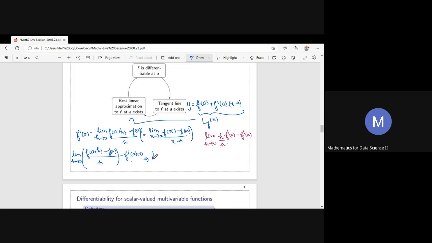So we can rewrite this as limit h going to 0, f of a plus h minus f of a minus h f dash of a, the whole divided by h, equal to 0. Now, what is this part here?